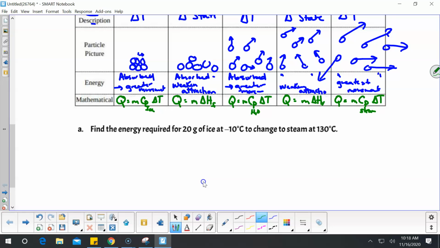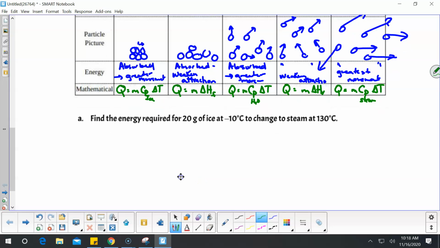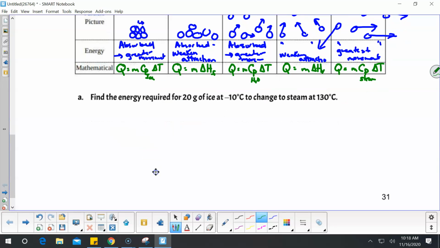They want to know, find the energy required to do this. So we need to take each segment individually, calculate that, and then sum those up. I'm going to change this a little bit. Let's make this 20. with the decimal behind it and 10, so we have 2 sig figs in our answer. Now there's a couple other values I have to give you here.